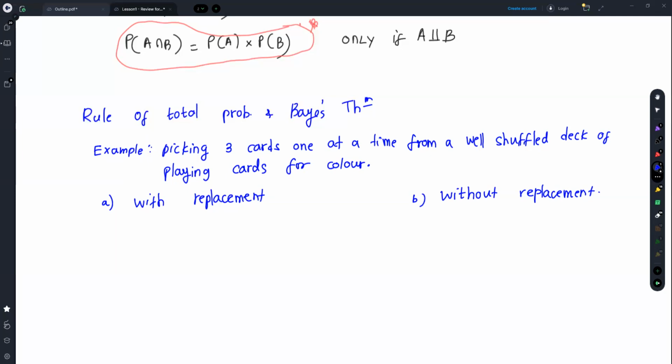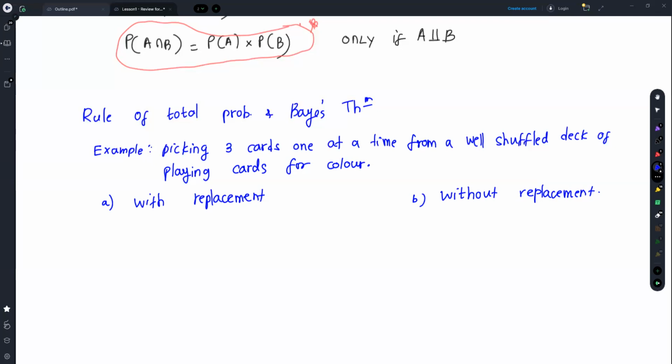You record it and put it back, shuffle, and then you pick the third card. So that is with replacement. On the other hand, without replacement is you pick the first card, you do not put it back. You shuffle, and then you pick the second card. You look at it, record whether it is black or red. You are not going to put it back into the deck. You shuffle the deck and get the next card.